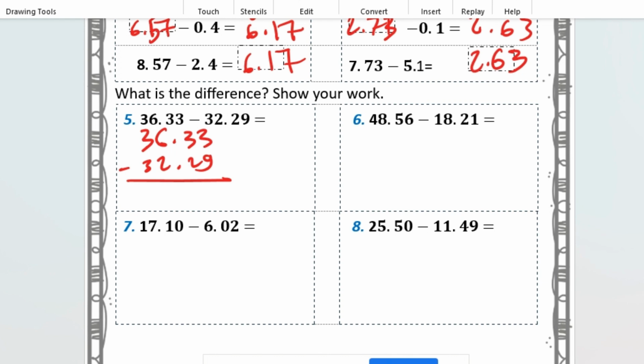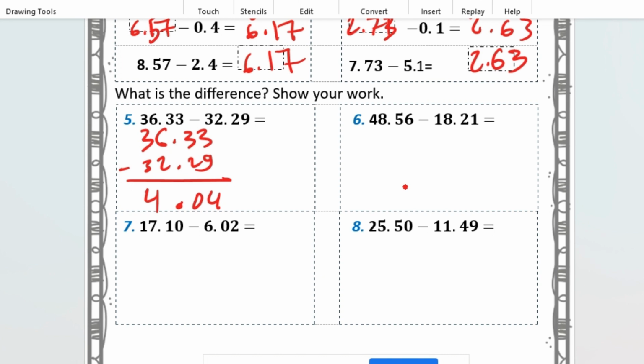Okay. Here, 33 minus 29, this will be 4. So we put here 4, 0. Okay, and the decimal point will go down. 36 minus 32, this is 4. So the answer is 4.04.